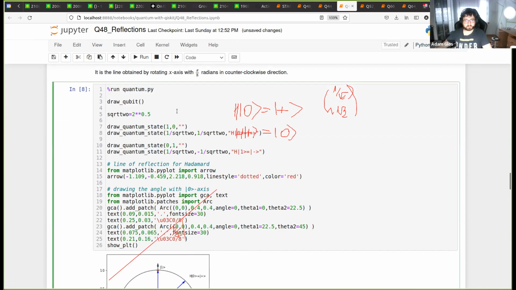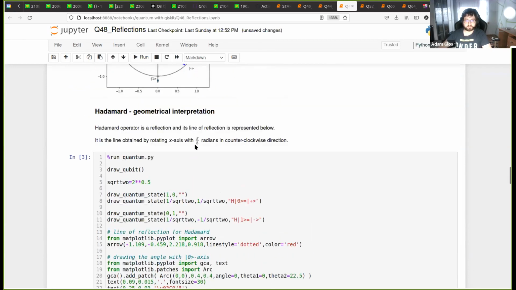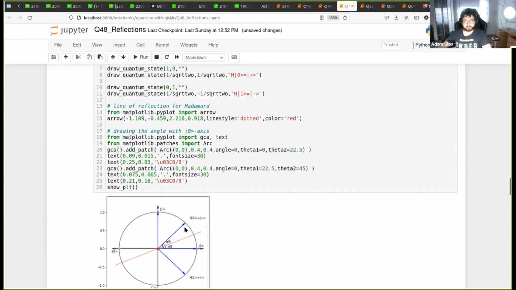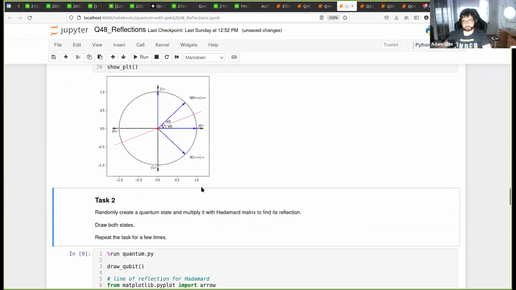To visualize this, it was pi over 8, right? Pi over 4 is the plus state, so you need to divide it twice. It's pi over 8 along this 0 axis. And that's exactly how it works.